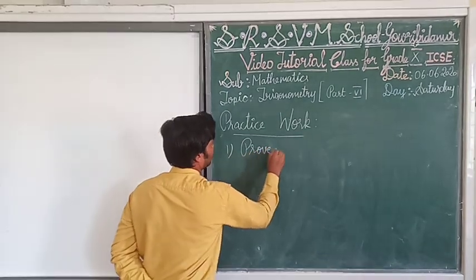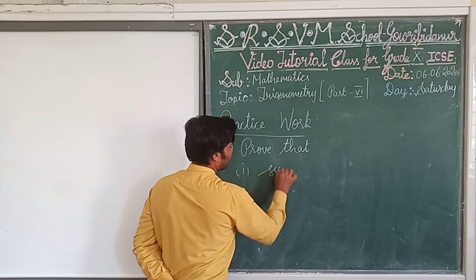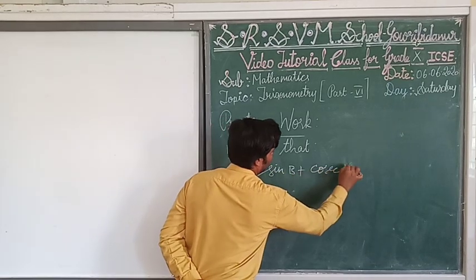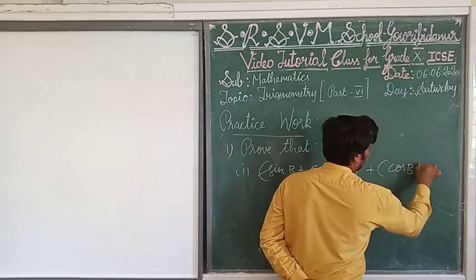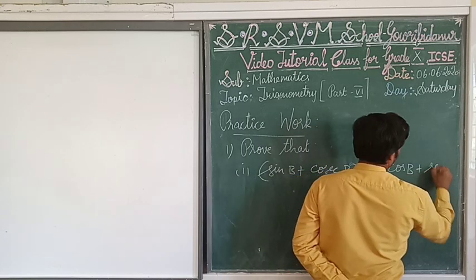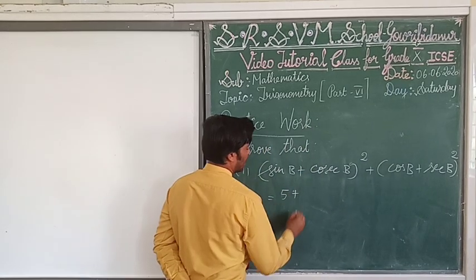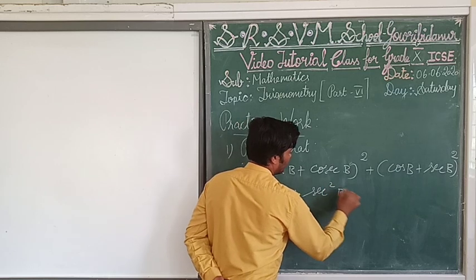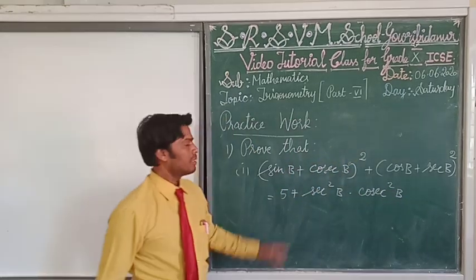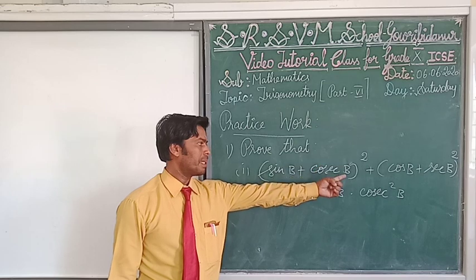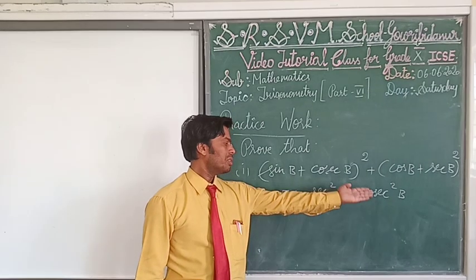So first sum. Prove that (sin b plus cosecant b) whole square plus (cos b plus secant b) whole square is equal to 5 plus secant square b into cosecant square b.